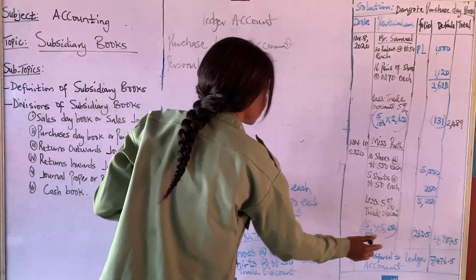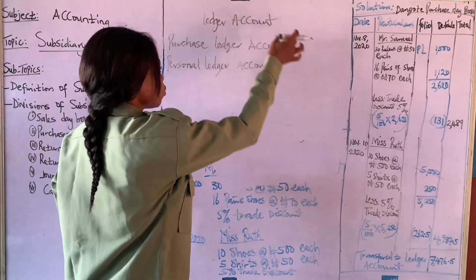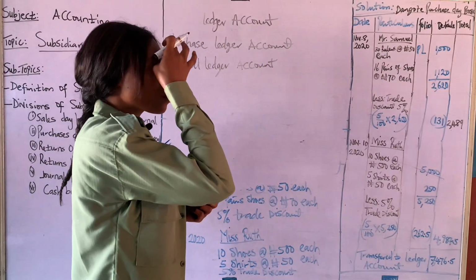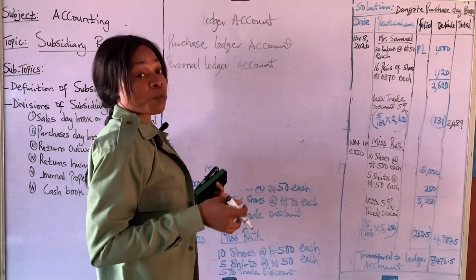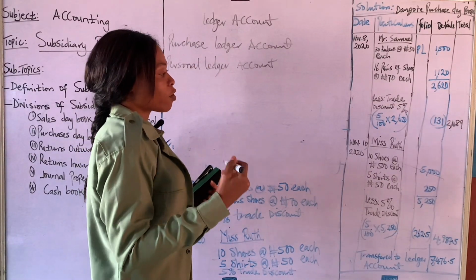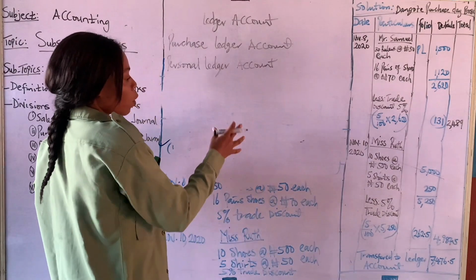Okay, we wanted to post this. Let's look at how we can actually transfer this to the ledger account. Remember that ledger account is the principal book of accounts, which follows the double entry principle that said that every debit entry must have a corresponding credit entry in another account. So this is what will happen exactly.